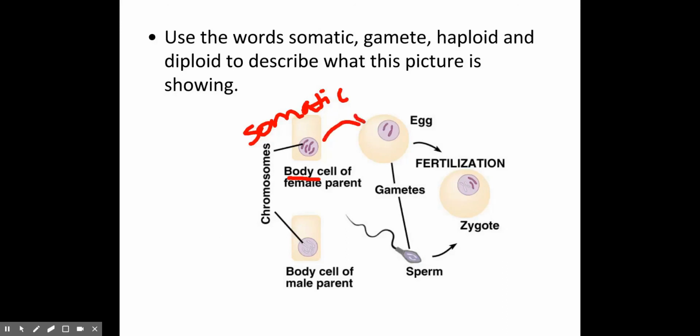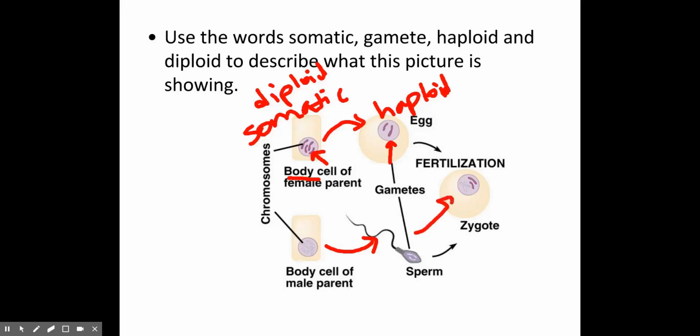There's going to be a small portion of those body cells that are going to undergo a process to produce the gametes. And notice the chromosomes in the middle, in the nucleus, that there were 4 originally, and now there are only 2. So we've gone from a diploid somatic cell to a haploid gamete, okay?